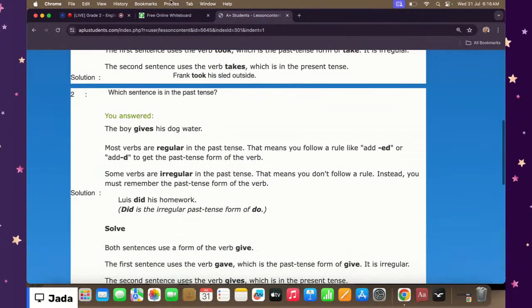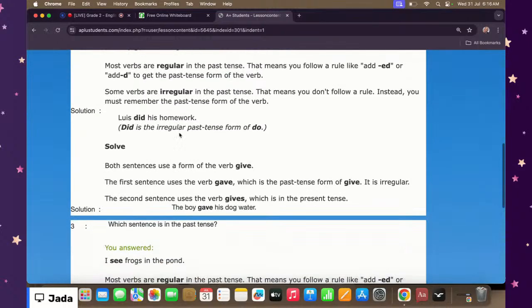We have the boy gives his dog water. Okay, look at it here. Both sentences use a form of the verb give. The first sentence uses the verb gave, which is the past tense of give.